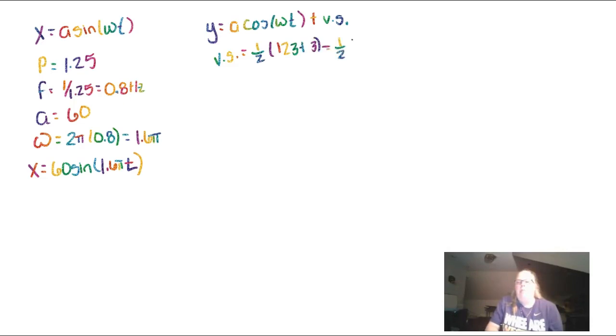This is going to be half of 126, and that's going to be 63. So our y-coordinate is going to be negative 60 times the cosine of 1.6 pi times t plus 63.